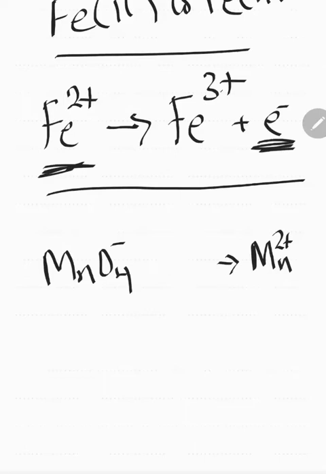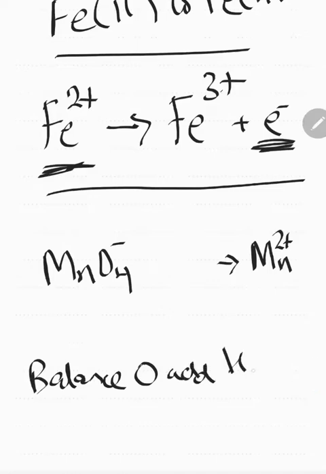To balance half equations with oxygen, the first rule is balance oxygens. So I'm going to balance oxygens. So I'll actually write now. To balance oxygens, add water. Actually, before that, the more important point is I'm going to balance manganese first.